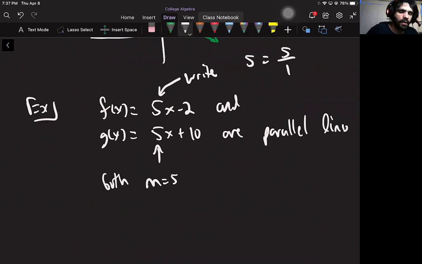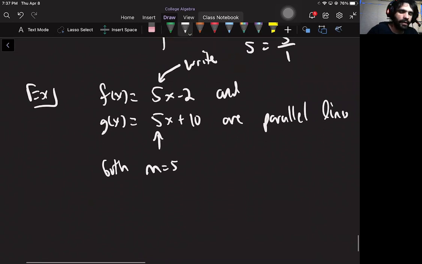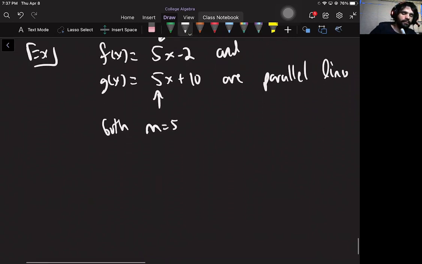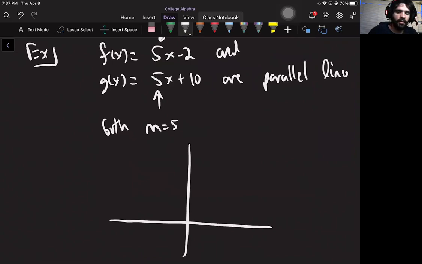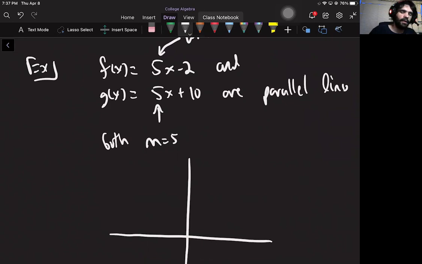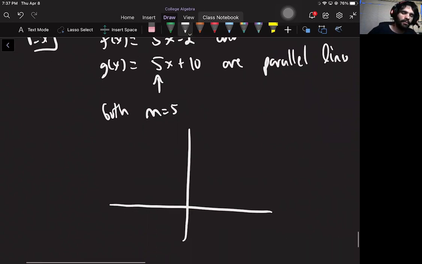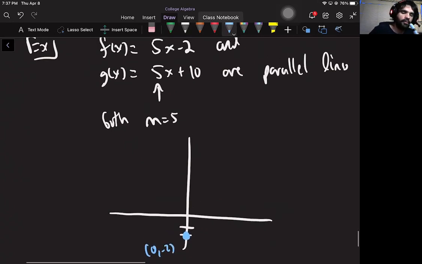Okay, so those are parallel lines, and we could draw them very quickly now if I wanted to, because I already know that when I plug in 0, I get b, so (0, -2) is my y-intercept for f of x. And I just have to go up 5.